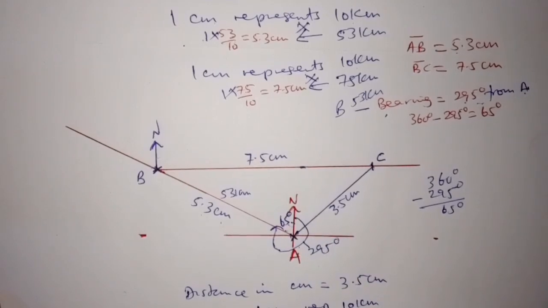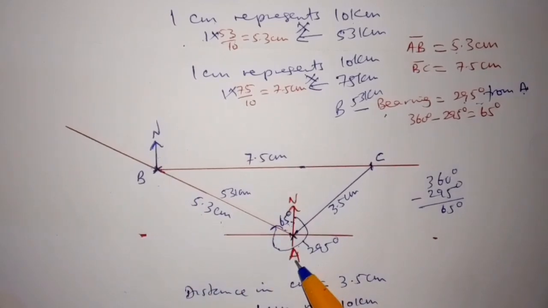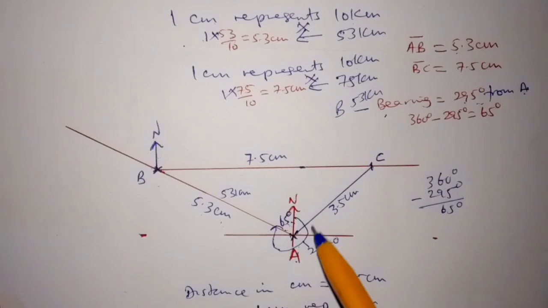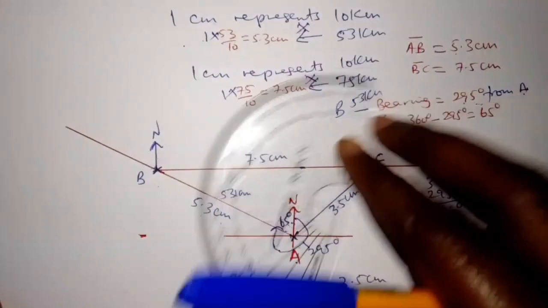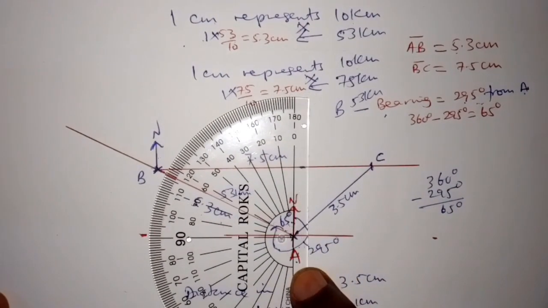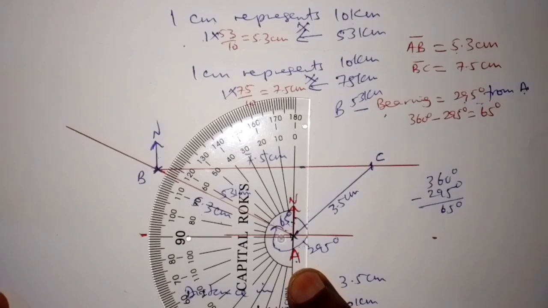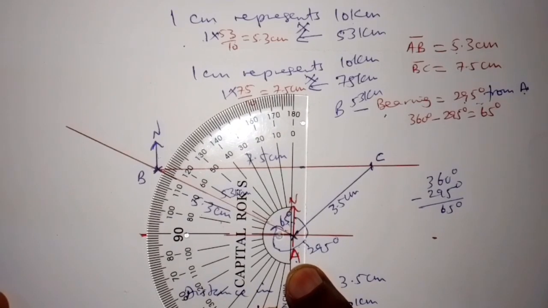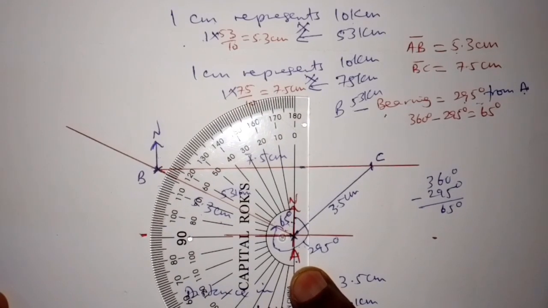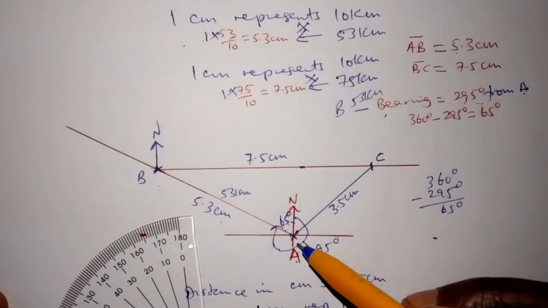So now we can find the position of village B from A. We use our protractor to get the angle of 65 degrees.